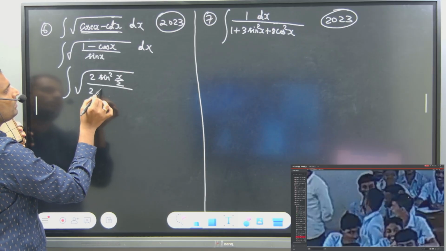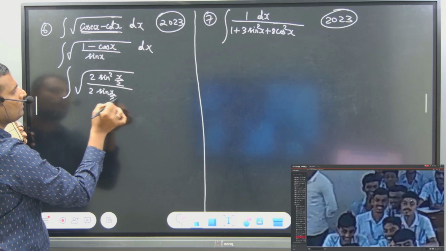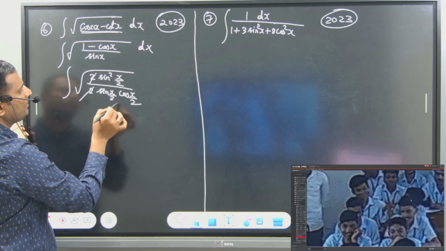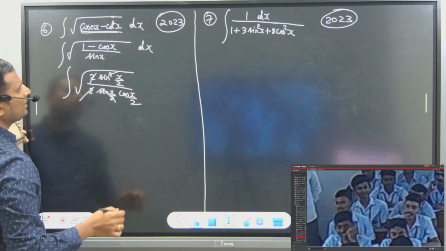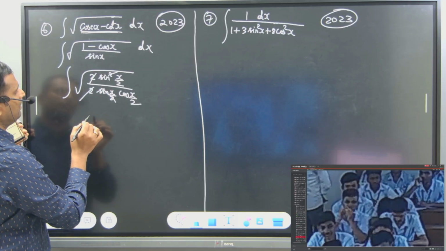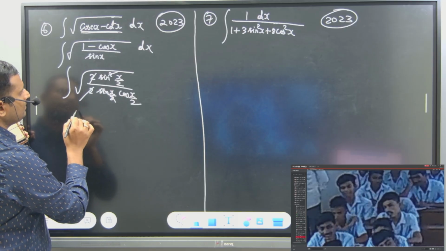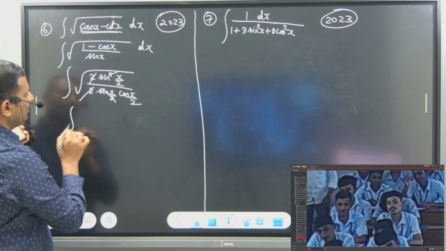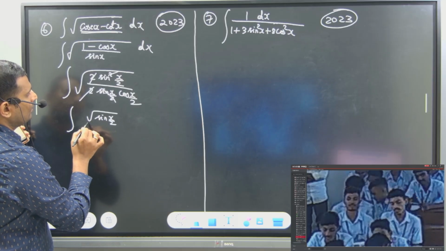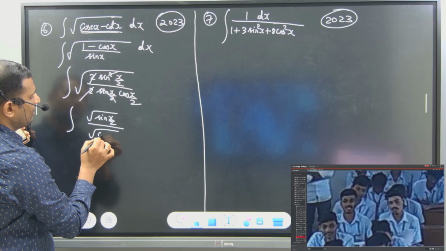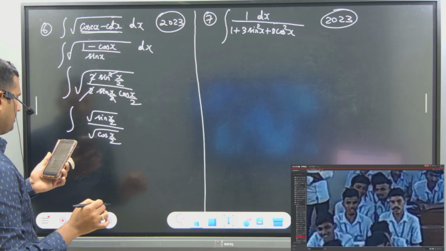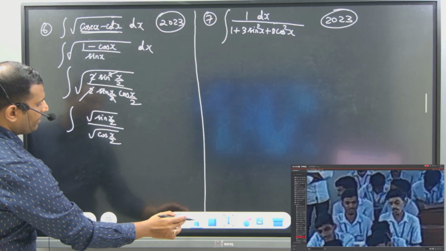And then this will be 2 sin x by 2 cos x by 2. So 2 2 cancel. One sin will get cancelled. Yes or no, children? So what you will end up getting? Or I can write root sin x by 2 by root cos x by 2, isn't it? Or you can write root tan x by 2.